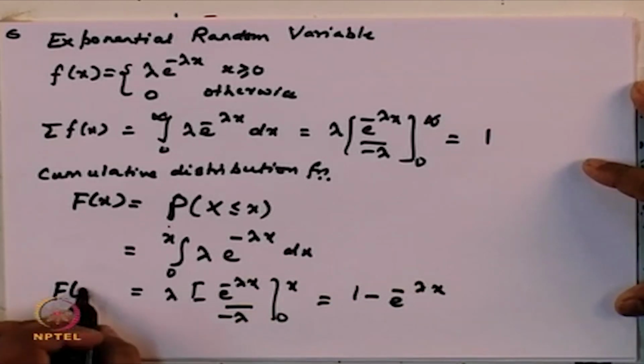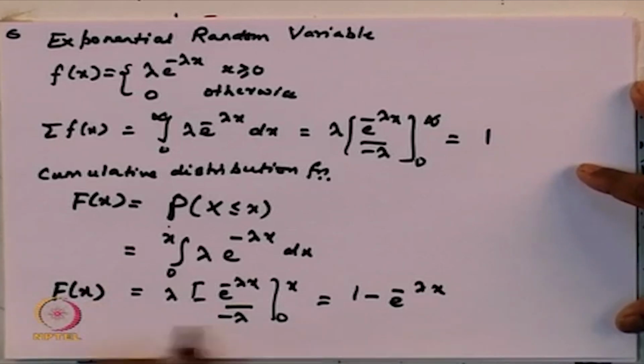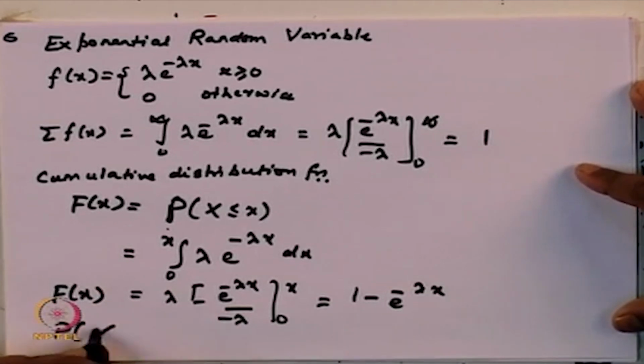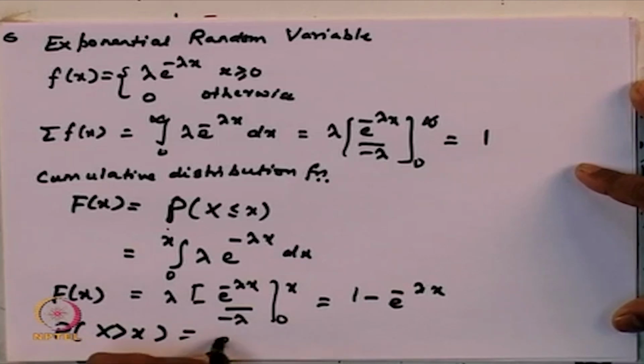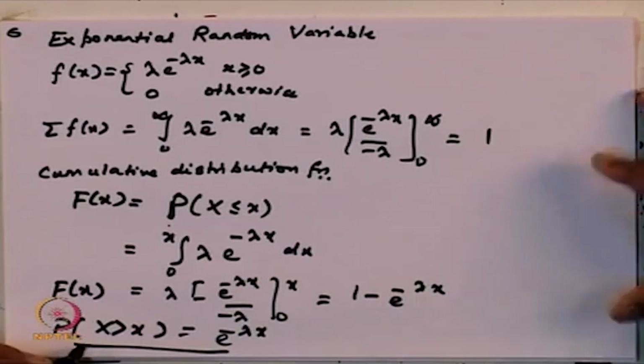So your cumulative distribution function is this, which means that the probability of x greater than x will be equal to e to the power minus lambda x. We will make use of this probability slightly later.